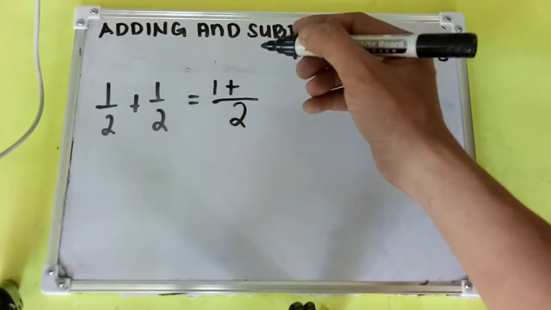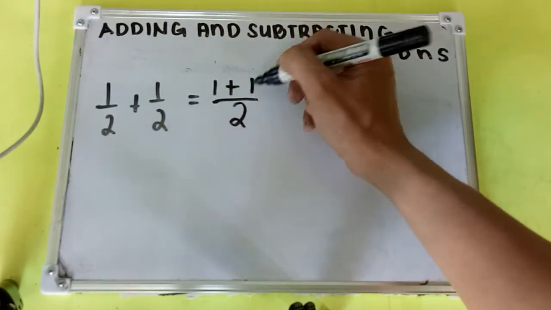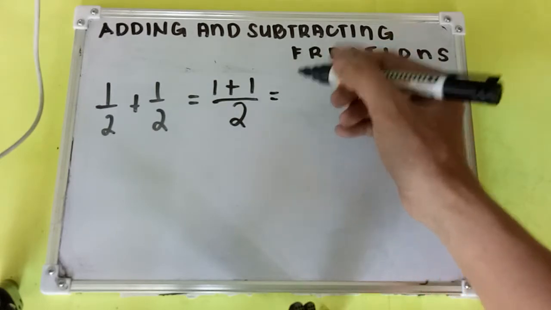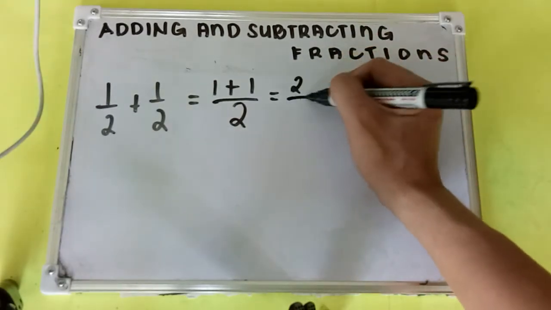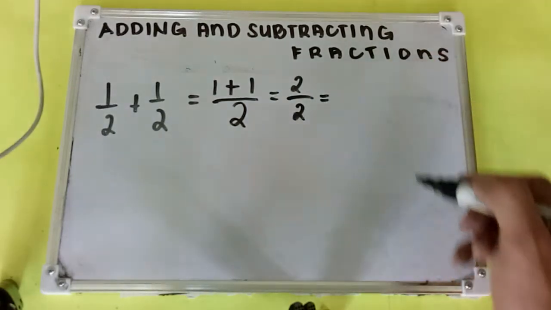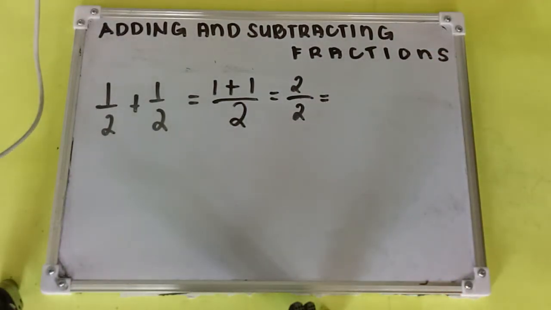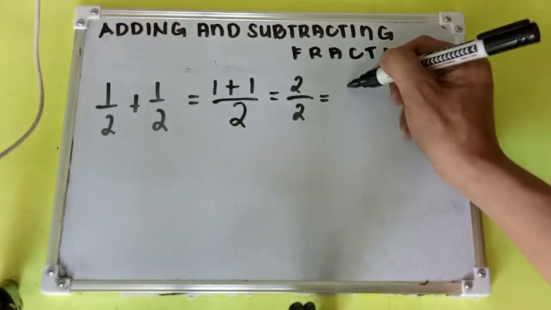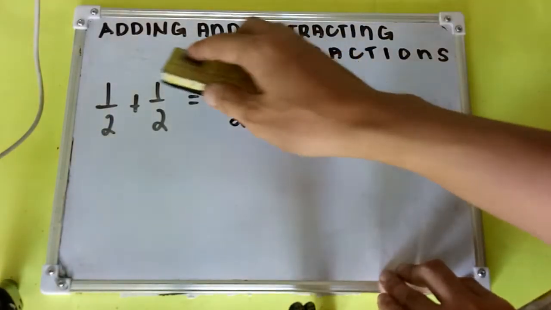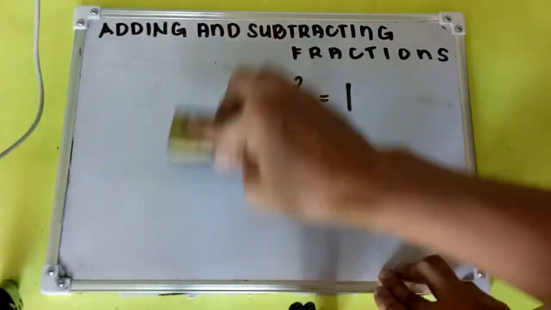So i-add lang natin yung 1 sa another 1. So ang kakalabasan ay 1 plus 1 sa numerator, so that is equal to 2. And then for denominator, kokopyahin lang rin natin 2. So if we simplify 2/2 or 2 divided by 2, that is 1. So ganyan kasimple if the given fractions are similar.